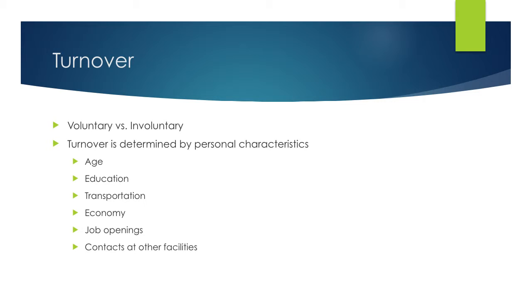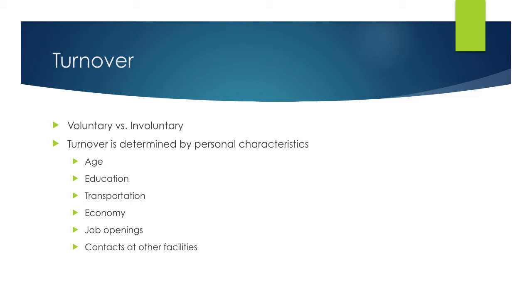Turnover is determined by personal characteristics, so age, education, transportation, economy, job openings, and contact at other facilities very much drive turnover. If people are happy where they're at, they're more likely to stay. If they have a friend at another facility, they're more likely to go. It all depends on how they are personally feeling.